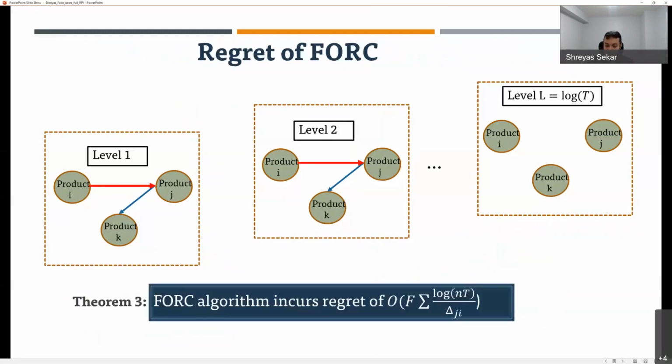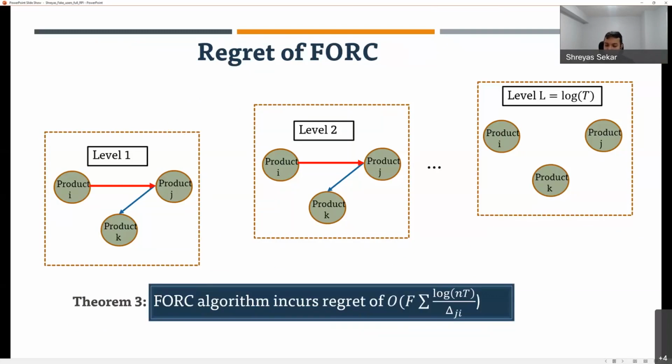Now, what we show in the paper is that this algorithm gives you a regret that's f multiplied by log t divided by delta. The previous algorithm had a regret that's f plus log t by delta. So the additive term becomes a multiplicative term here. The loss in regret in some senses is unavoidable because this is a much harder setting. Because I don't know f, I have to target these different levels, which leads to poorer regret compared to the previous algorithm.